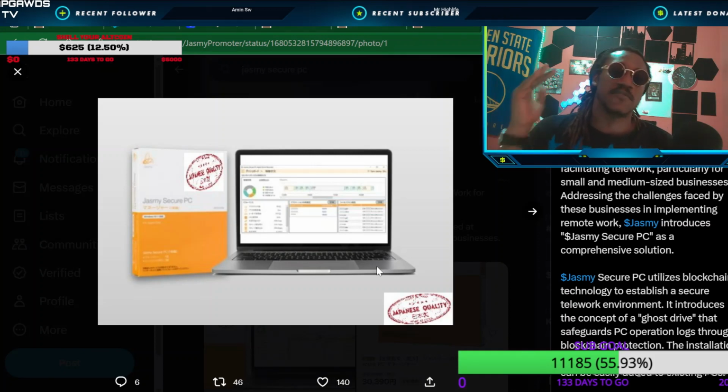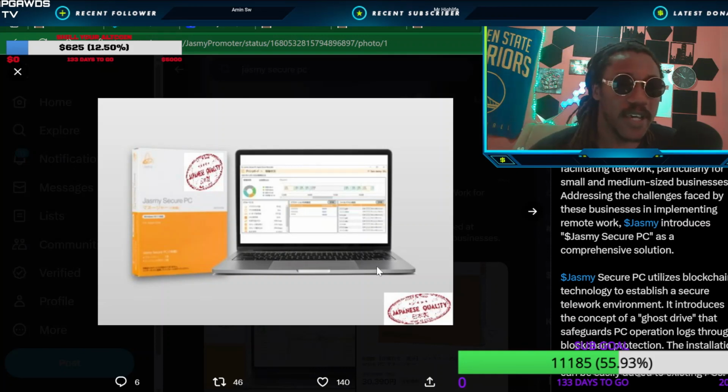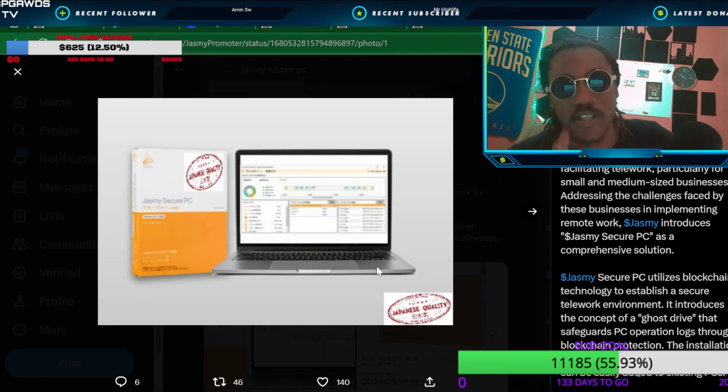So regardless if crypto is pumping or dumping, Jasmy is still earning revenue through their product, which is the blockchain PCs. You see how that works? So a lot to look forward to for Jasmy. Hopefully this didn't go over too many people's heads. I just wanted to give you an idea of my thinking on why I chose to invest into this project.